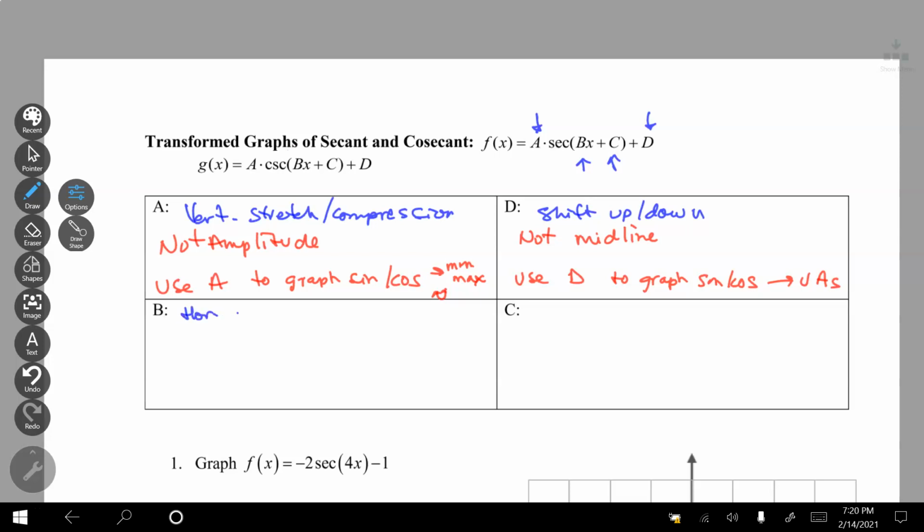B is a horizontal stretch or compression. I'm still going to use my period is equal to, I'll write out the word period, 2 pi over b.